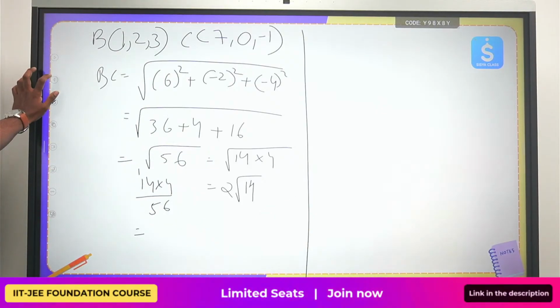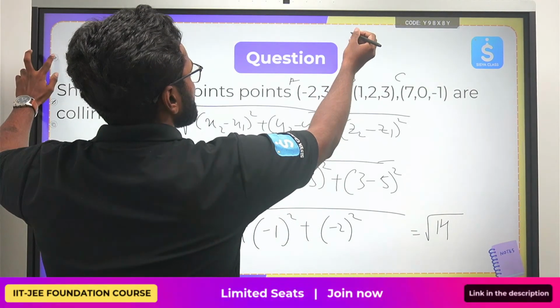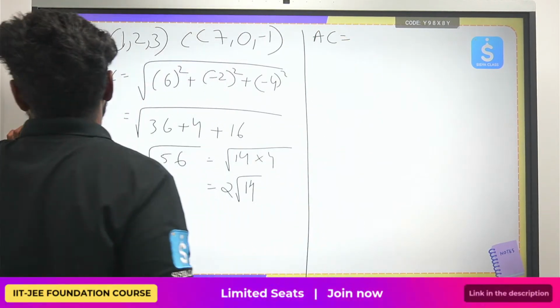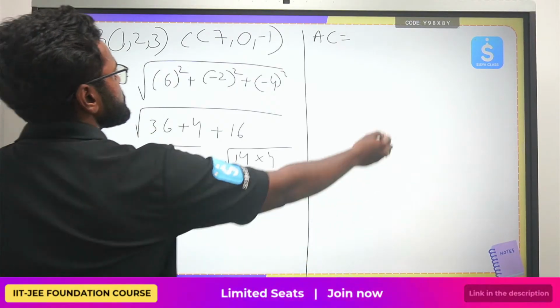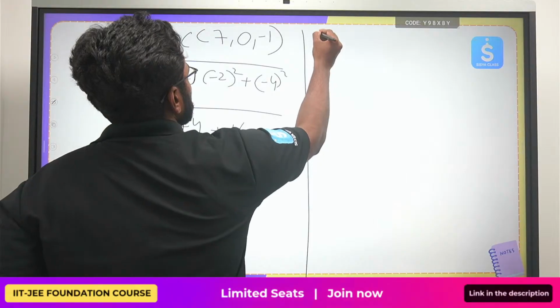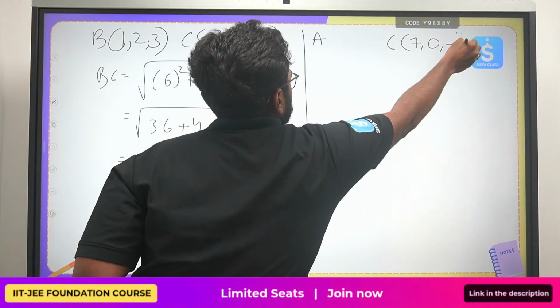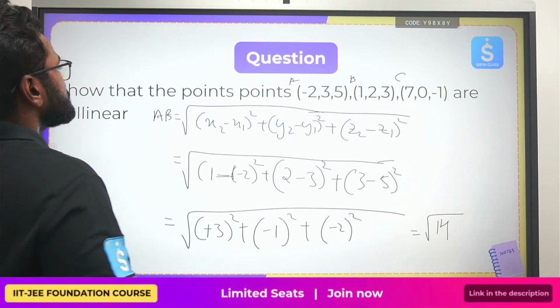Now let us find the distance between A and C. C is (7, 0, minus 1) and A is (minus 2, 3, 5).